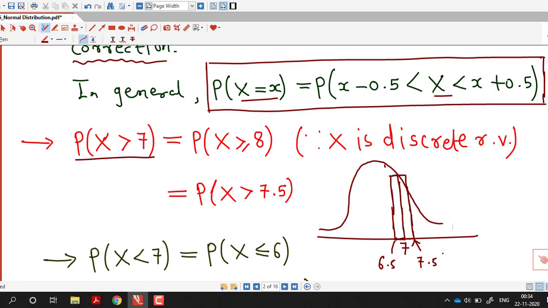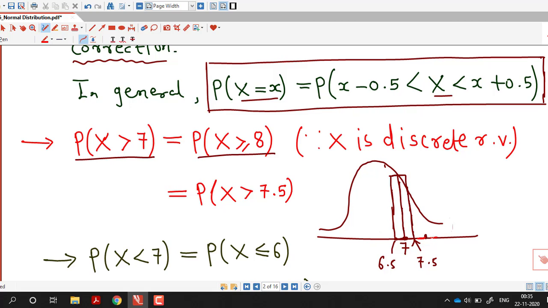Now I require the probability that X is greater than 7. So X greater than 7 means X is greater than or equal to 8. So I have 8 somewhere here, and for 8 I will consider this area.